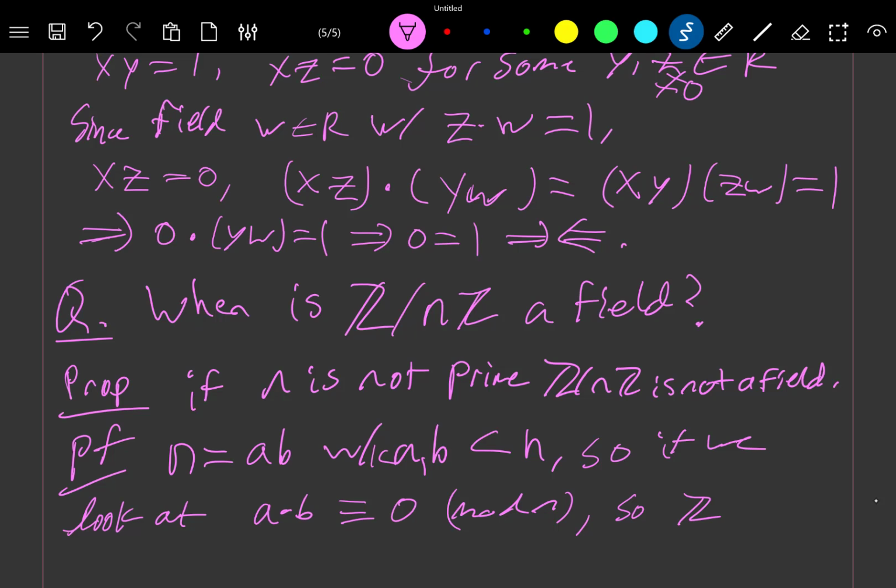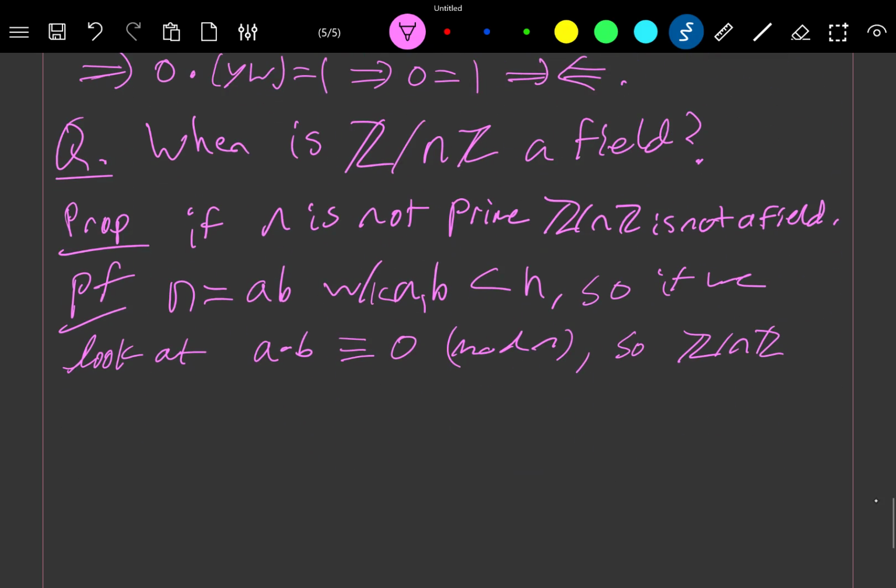So Z mod nZ has zero divisors and is not a field. So if we're not prime, we're not a field. That just leaves us the case when n is prime, and we will show later that if n is prime, then Z mod nZ is a field.